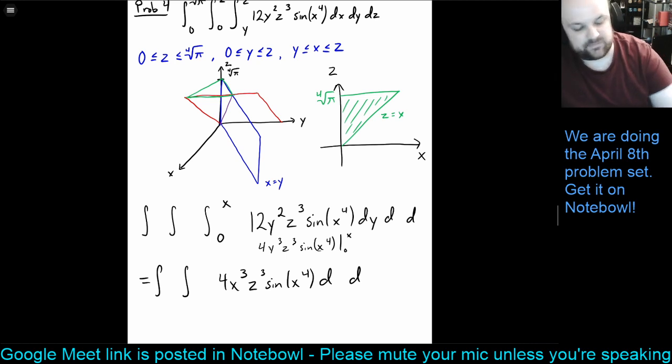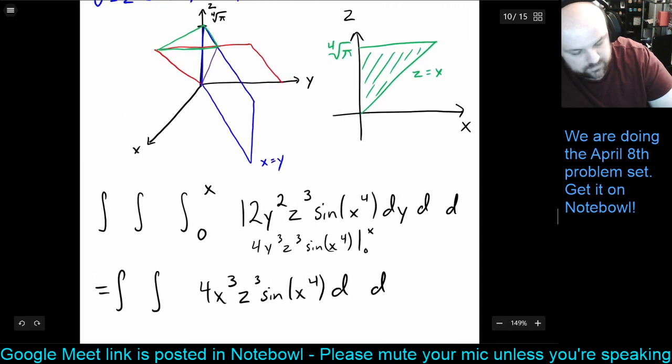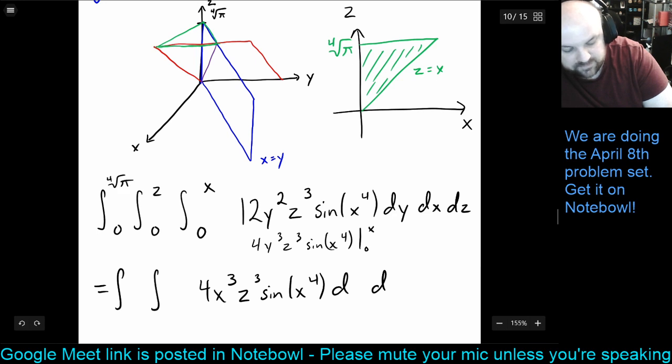If I look at this region I have here, it's a little bit simpler to do x first because x starts at 0, whereas z starts at x. So let's try doing x next, and we'll do x and then z. If we do x, z, x is going to go from 0 to z. Z is going to go from 0 to 4th root of pi.